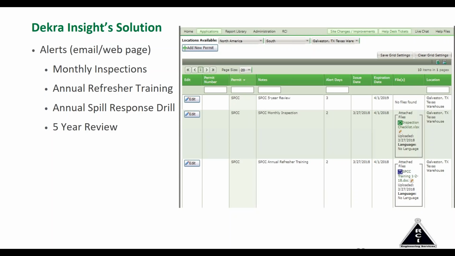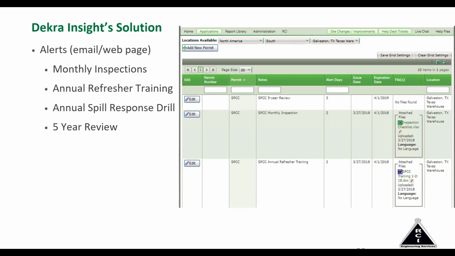The third one is an annual reminder to conduct refresher training with their oil handling people. Again, another requirement of the SPCC rule. Need to conduct annual refresher training. This is an often overlooked item that doesn't get done.